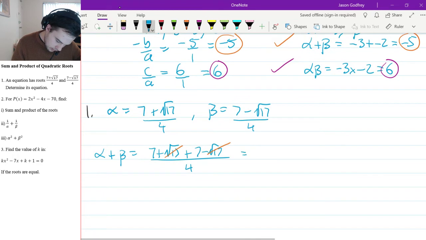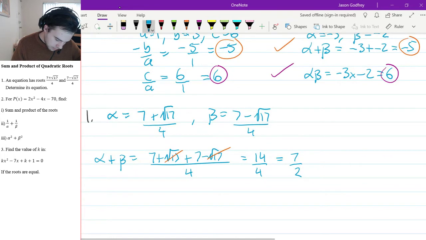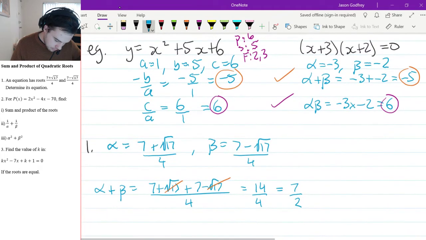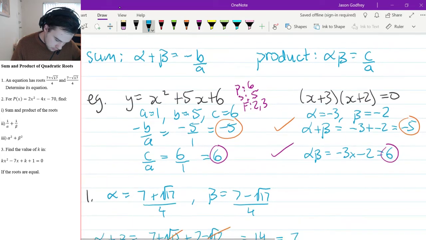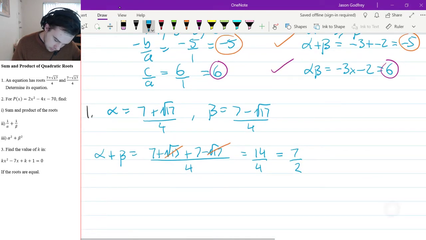So we've got 7 plus 7 is 14 over 4, which simplifies to 7 over 2. And we know that alpha plus beta equals, up here, negative b on a. So here, 7 on 2 is negative b on a. I'll just pause and leave that there, and we'll look at c on a and see how they connect.